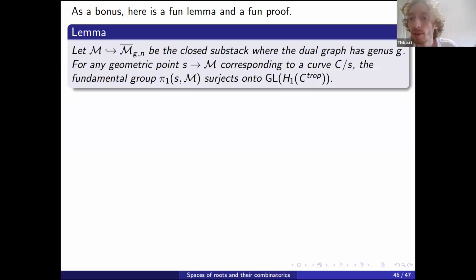So I've talked a lot about invariance in this last part of the talk, and I've talked very little about deformations. I've sort of hidden the way we prove things.